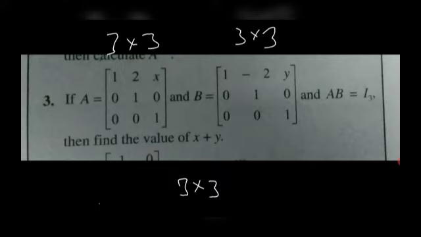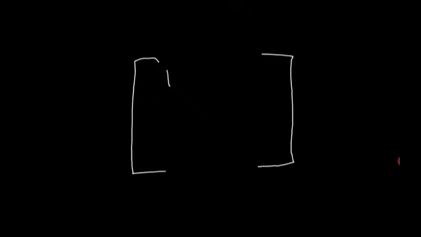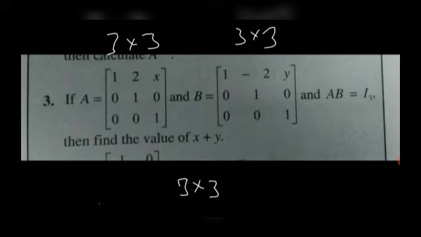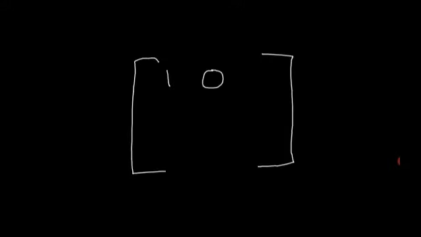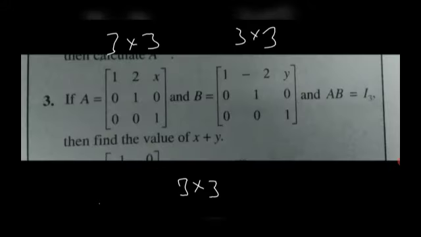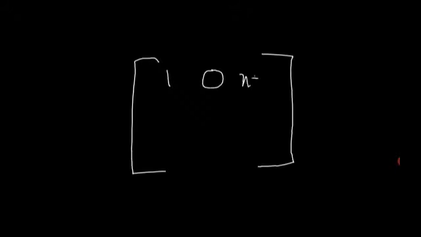Yes, 1 will be there, so there will be a minus 2 plus 2, 0. So here it will be a 0. Then next one will be y plus x, meaning x plus y. This term will be x plus y.